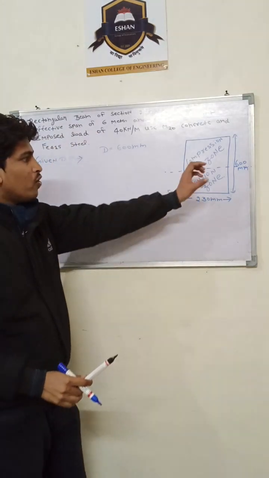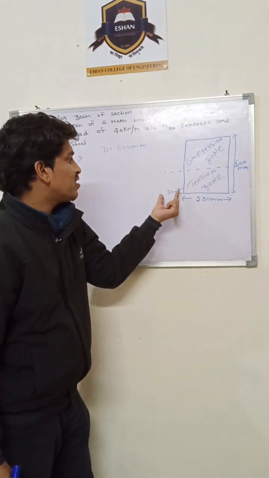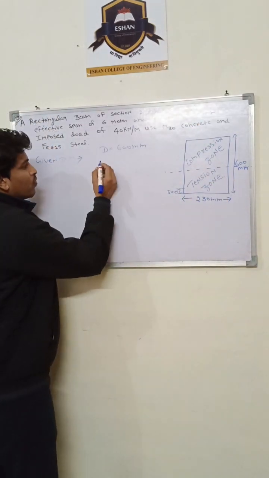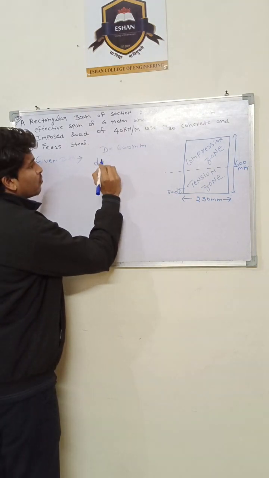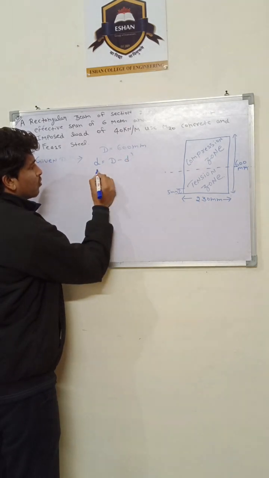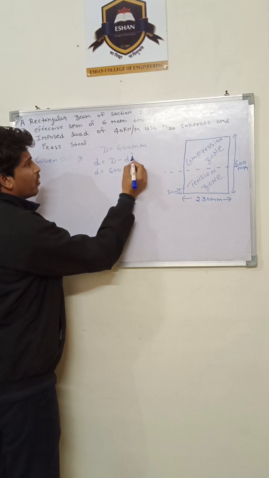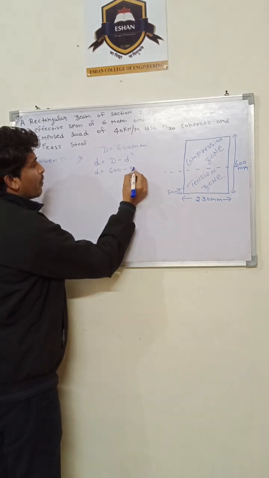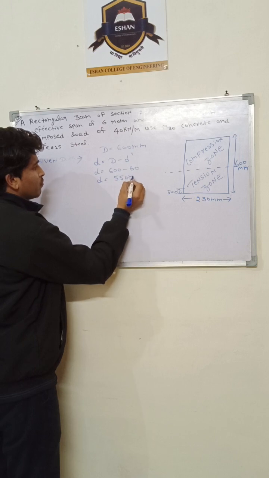So for the calculation of depth, we have to subtract this cover. So small d equals capital D minus cover. Capital D is 600 mm and cover is 50 mm. So depth is 550 mm.